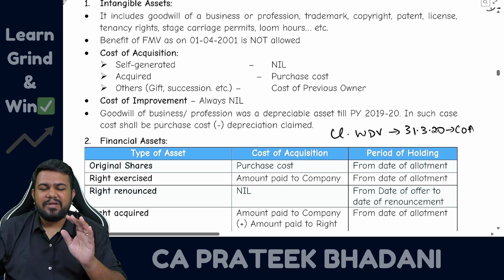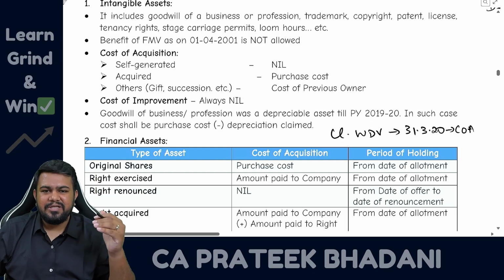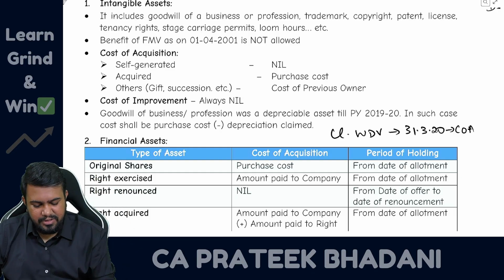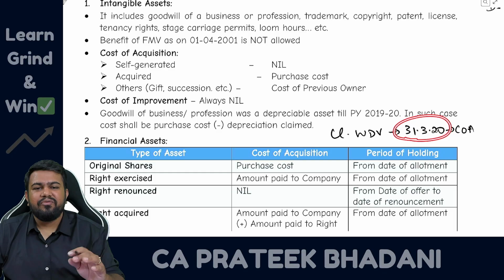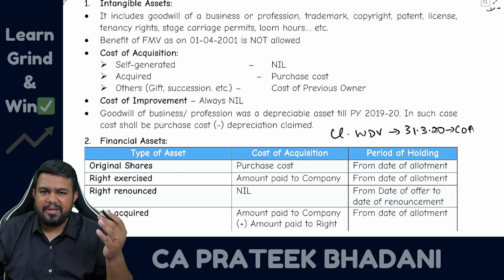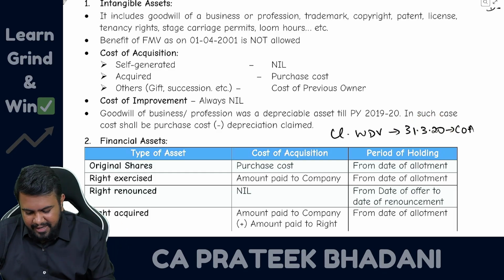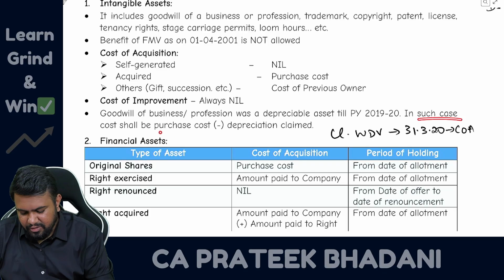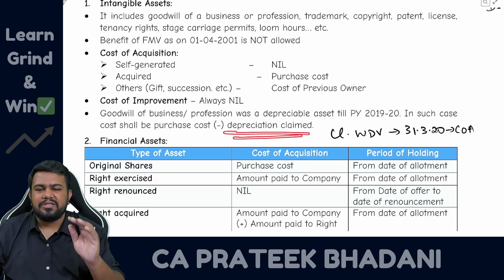So don't take the purchase price. You would have claimed some depreciation, no? So that depreciation should be reduced. As on 31/3/20, whatever the closing balance is, that only will be considered as cost. In such case, cost is equal to purchase cost minus depreciation claimed.